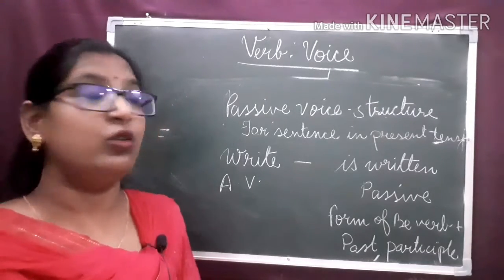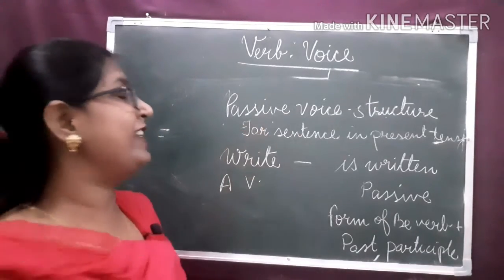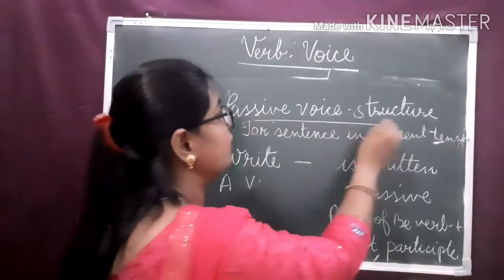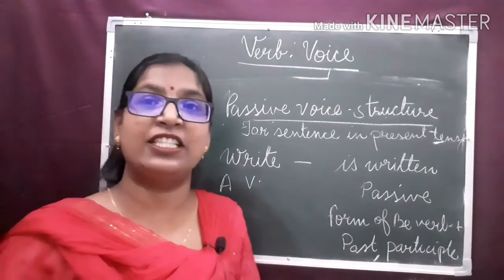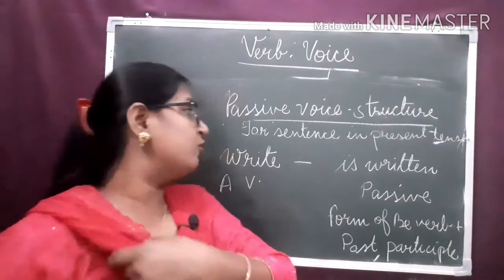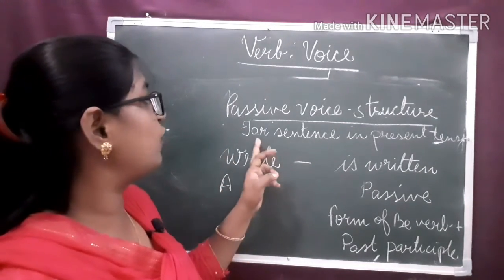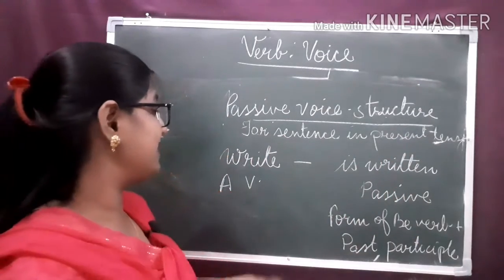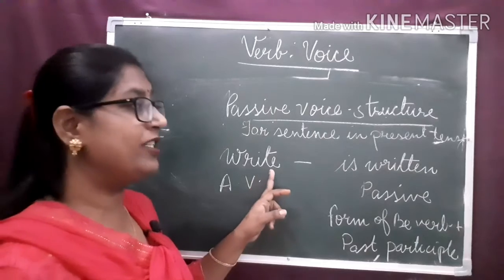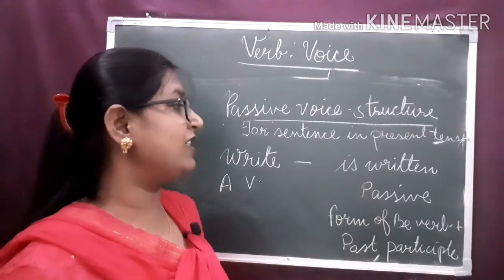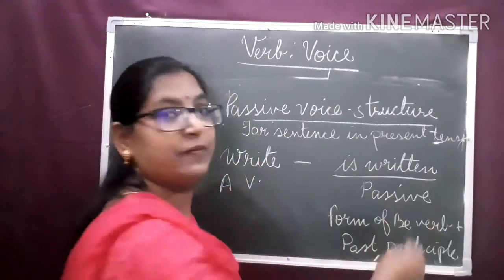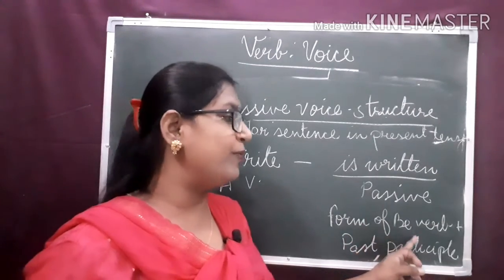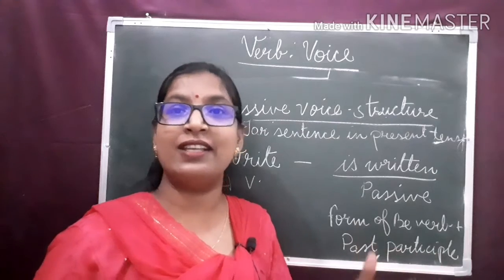Now dear children, look at the board. Passive voice structure. What is the structure of passive voice? How to change from active to passive voice? We change the form of the verb, and this example is for a sentence in present tense. Dear children, if in active voice the verb is write, in passive voice it is written. We use forms of be verbs: is, am, are.